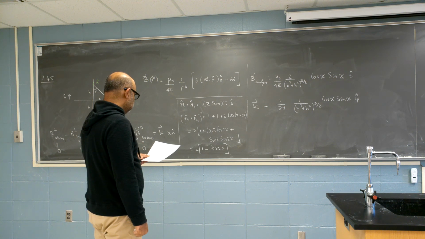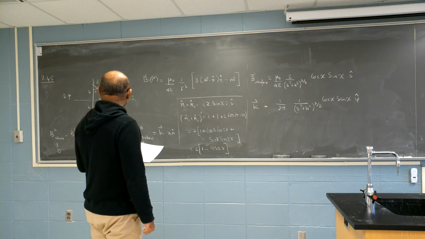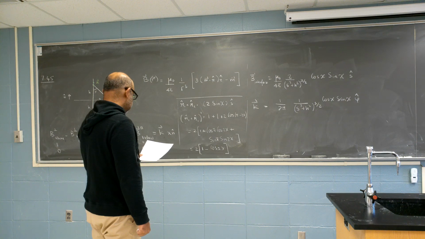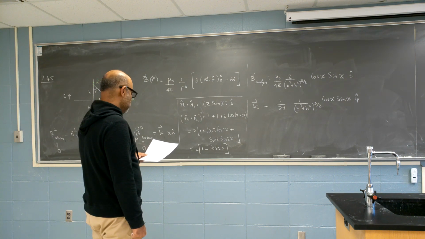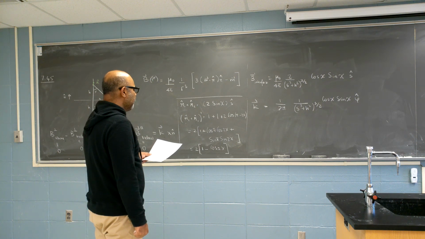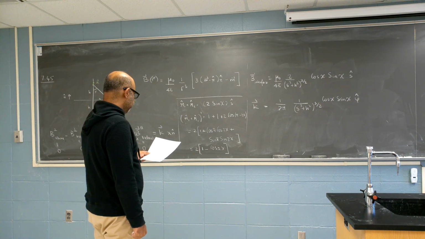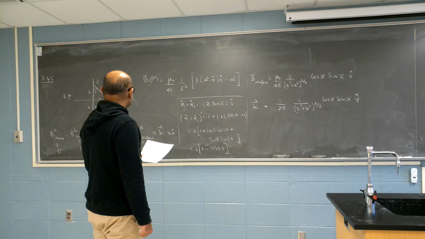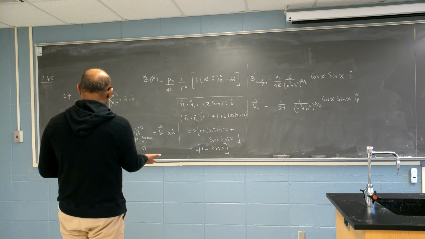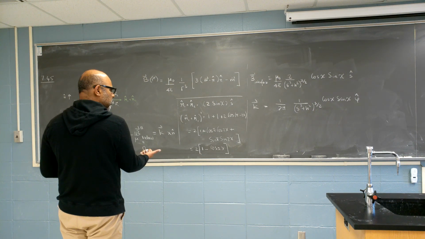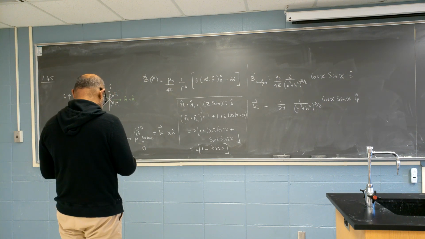K is f cross n, I have a minus. Phi hat cross n is s hat.